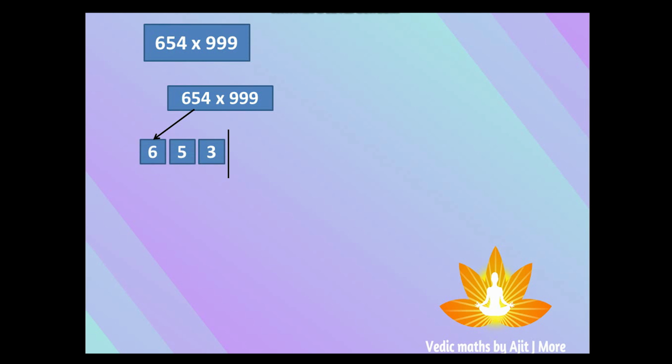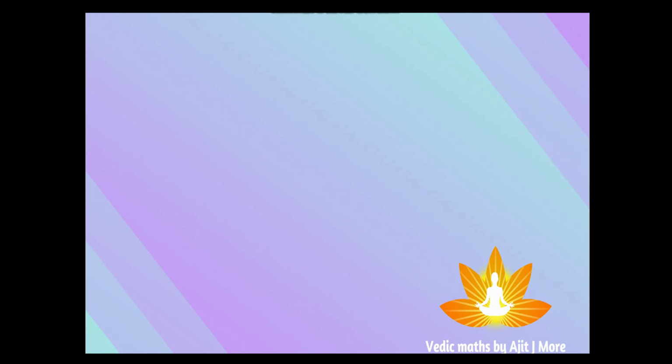Agreed? And the second part is to apply the Nikhilam Sutra on 654, that is, subtract all from 9 and last from 10. Now quickly tell me, 9 minus 6 is 3, 9 minus 5 is 4, and 10 minus 4 is 6. That's all. This is your final answer. Isn't it easy? Yes, I'm sure it is clear to you. Please comment in the comment box. Let's take one more example.